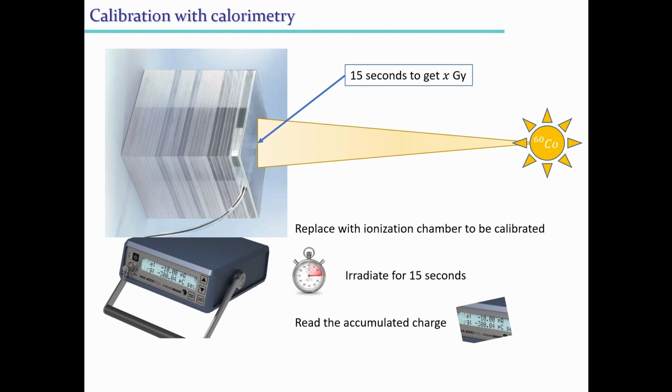What you will get from this ionization chamber is a given amount of charge, let's say picocoulombs. You read the accumulated charge, and now you just have to match how many charges are connected to how many grays, and you've got your calibration coefficient.